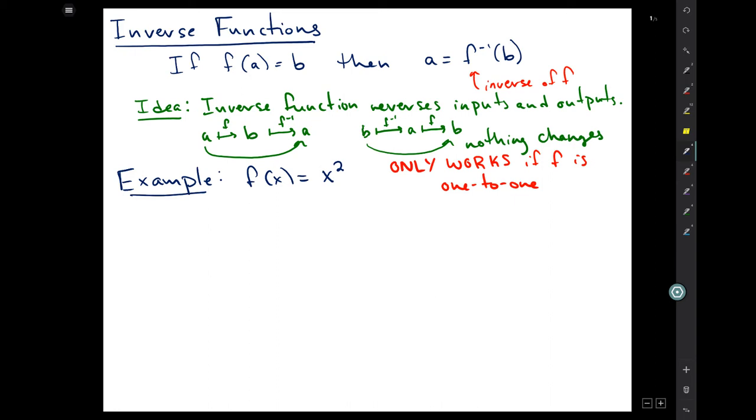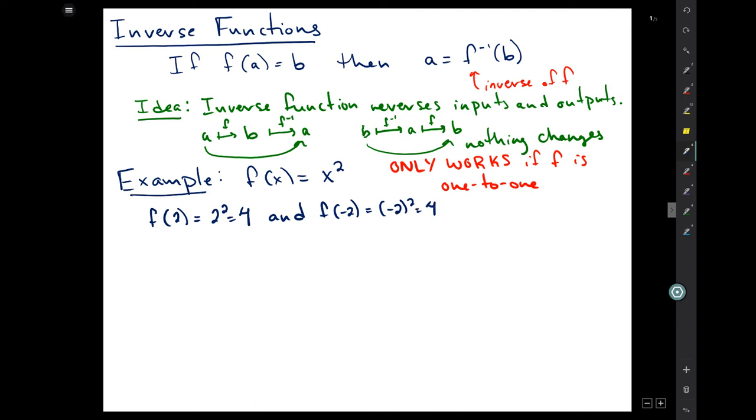So let's look at our favorite function, f of x equals x squared. And we notice that this function is not 1 to 1 because f of 2 is 2 squared, which is 4, and f of minus 2 is negative 2 squared, which is also 4.